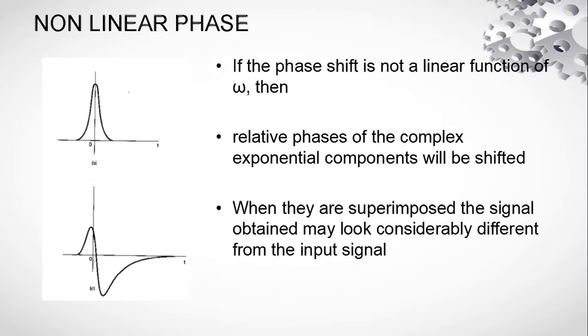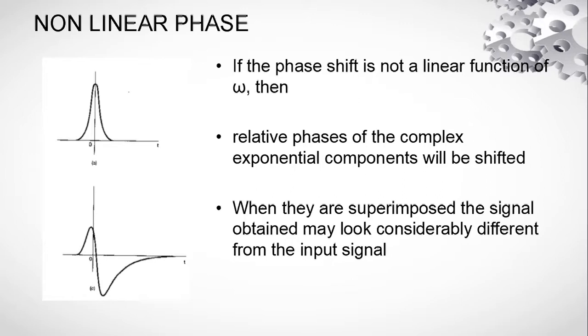Now there are a lot of cases where this phase shift is not a linear function of omega, then it's non-linear phase, and then things can be a little different. In this case, the relative phases of complex exponentials change. As we have said earlier, the Fourier transform is a summation of exponential components of different frequencies.